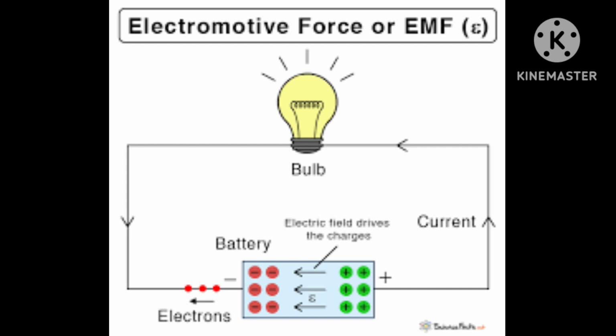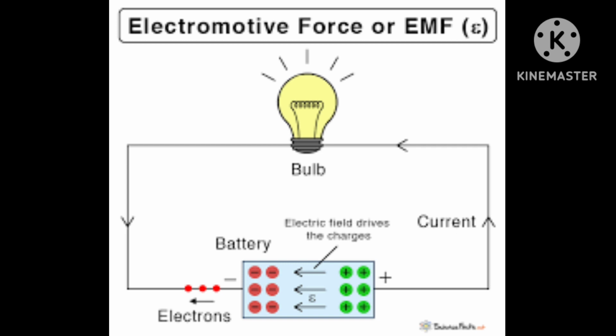Then it is a sure shot that current will flow. But here in the beginning I want to tell you that electrons flow from anode to cathode, means Zn to copper. This is the direction.